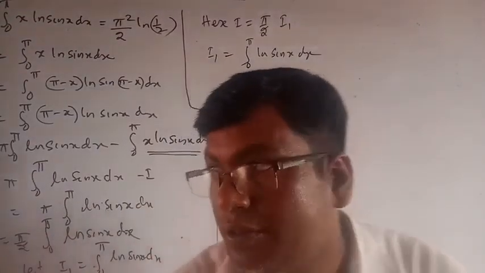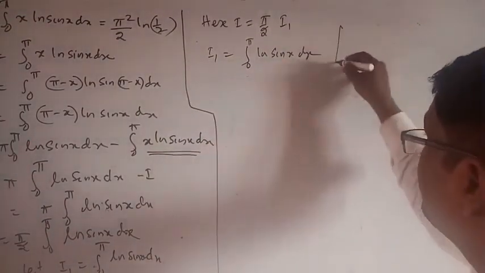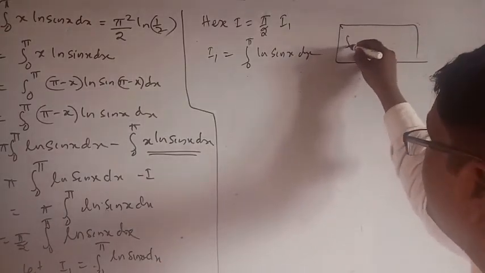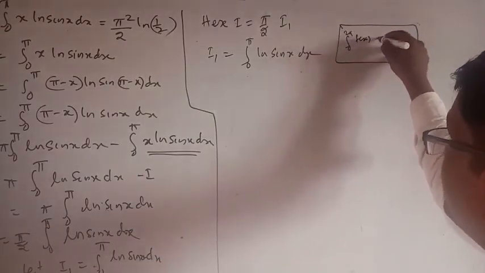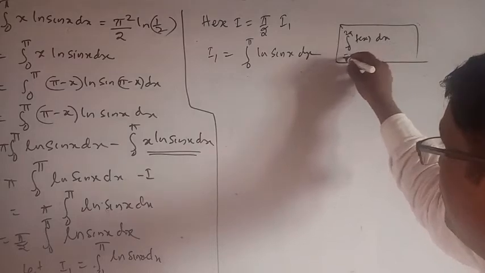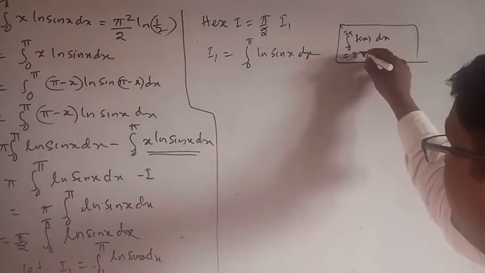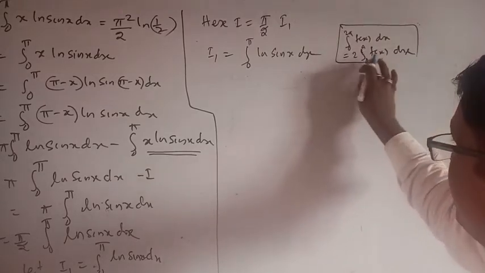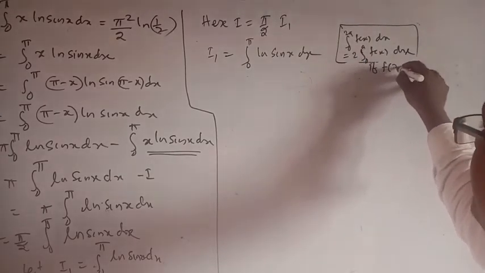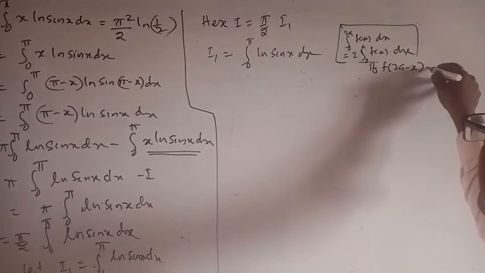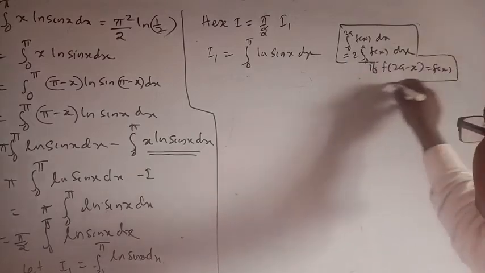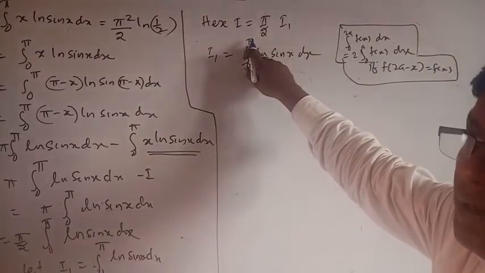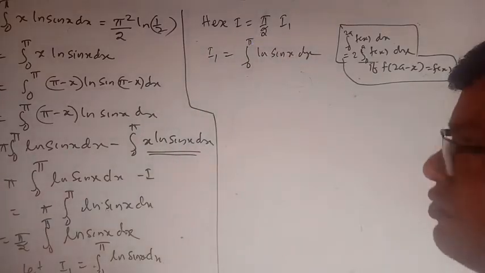This is the property: the integral from 0 to 2a of f of x dx is equal to 2 times the integral from 0 to a of f of x dx, if f of 2a minus x is equal to f of x. Apply this property. So 2a is equal to pi, and sin of pi minus x equals sin x.